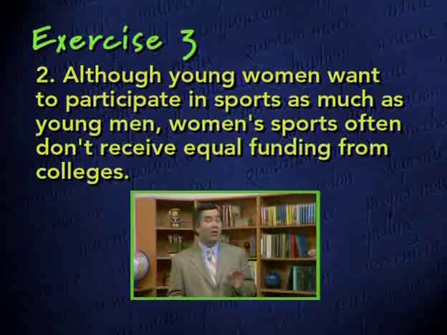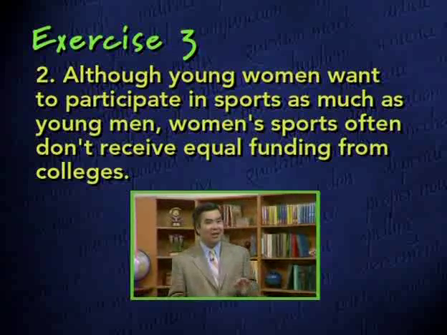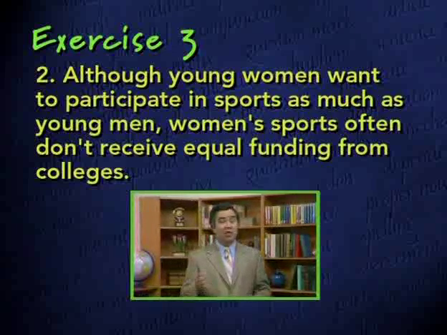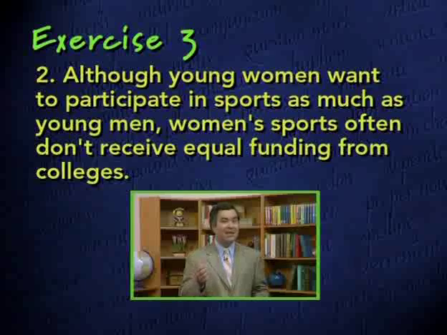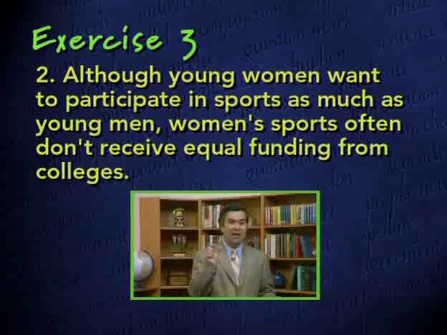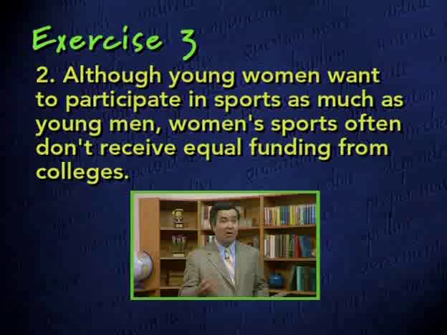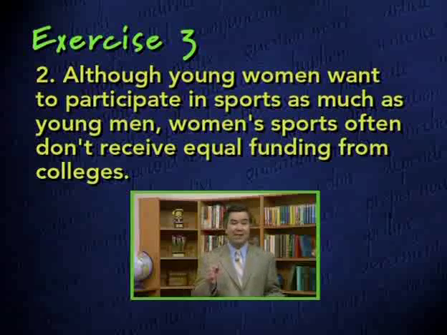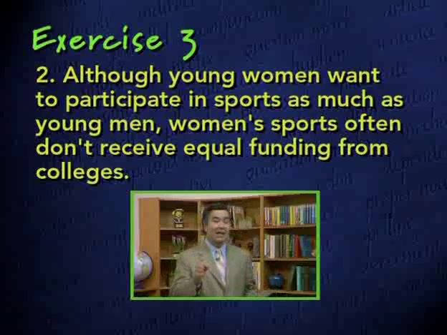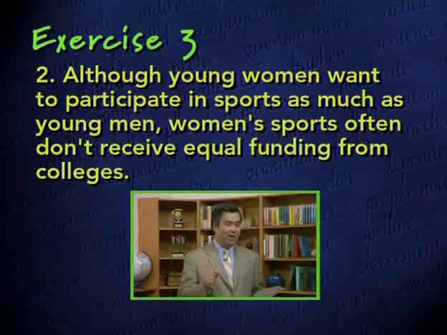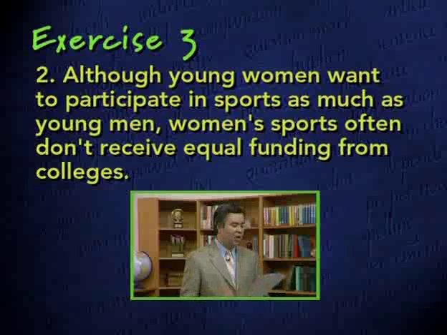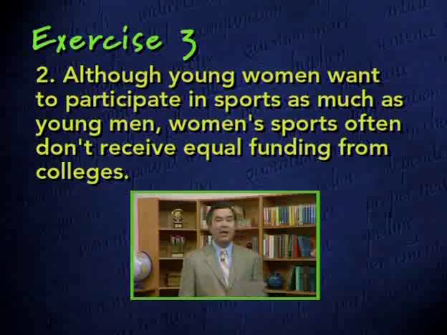Notice that although there are a lot of words there, it would still make a sentence fragment. So the word fragment doesn't necessarily mean a short or small number of words. It simply means that the words do not express a complete thought and therefore cannot stand alone as a sentence. So we have here a subordinate clause in the first part of this sentence. What about the second part of the sentence? Women's sports often don't receive equal funding from colleges.